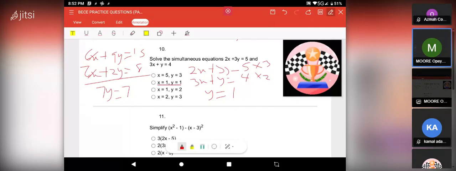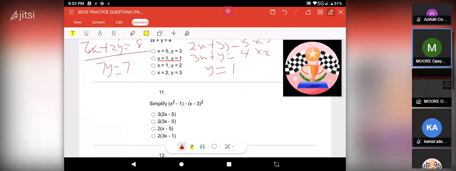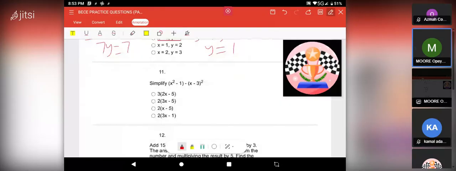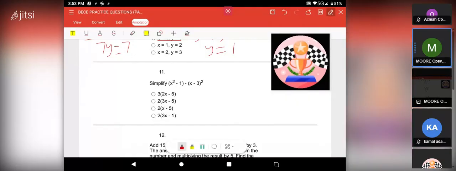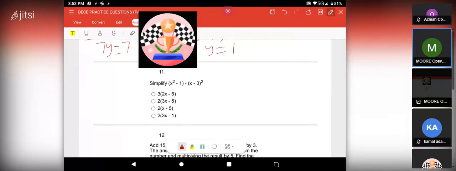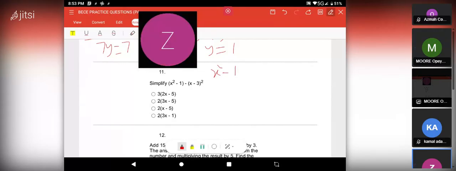Next question. x squared minus 1 minus (x minus 3) all square. If you look at this, they are not the same. You open the bracket so that you'll be able to see what we are saying. The first bracket is x squared minus 1. The second bracket is minus (x minus 3) all square. We are going to expand x minus 3 raised to power 2.